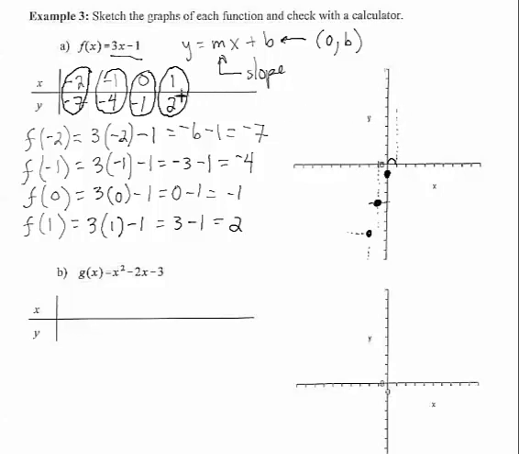And then my corresponding y value is 2, 1, 2 on the y-axis. Those two coordinates intersect around about there. I plotted all my points, and so I just connect the dots at this point, best I can.